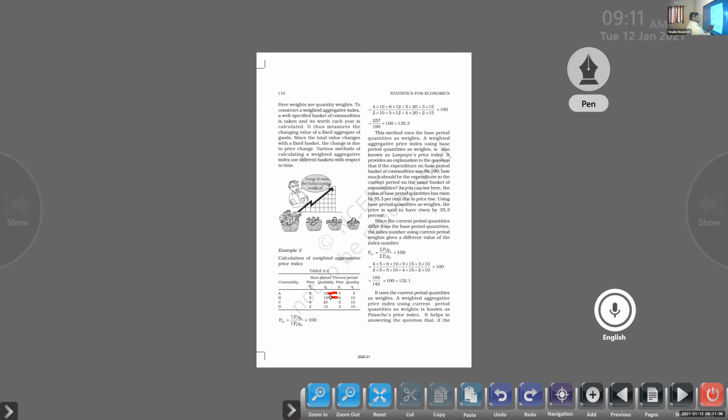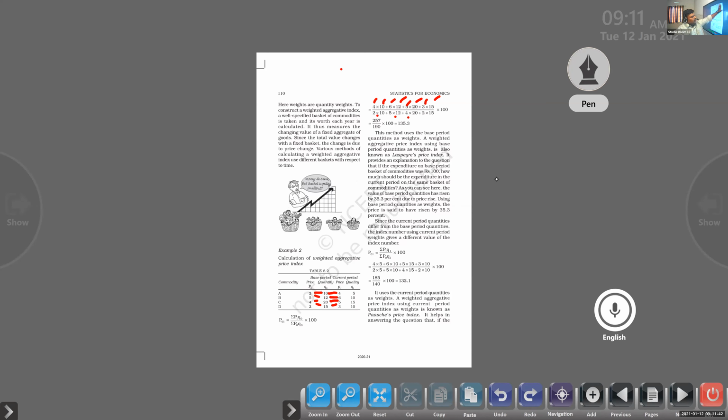You can see here, P1 is 4 and Q0 is 10, plus next, price 6 and earlier base period quantity purchased is 12, plus 5 into 20, plus 3 into 15. Got it? Now divided by sigma P0 Q0: 2 into 10, 5 into 12, 4 into 20, 2 into 15. Okay, got it?